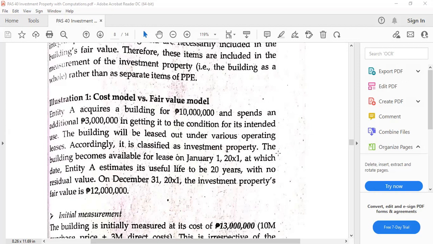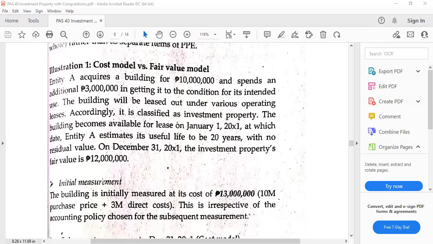But for fair value model, once we make use of that, no depreciation, only the differences of fair values, and the fair value minus cost for the first year ending, for the next year's ending, second year and onwards, the difference of fair values. So let's look at this problem. And you should be pausing this particular video as of this moment.